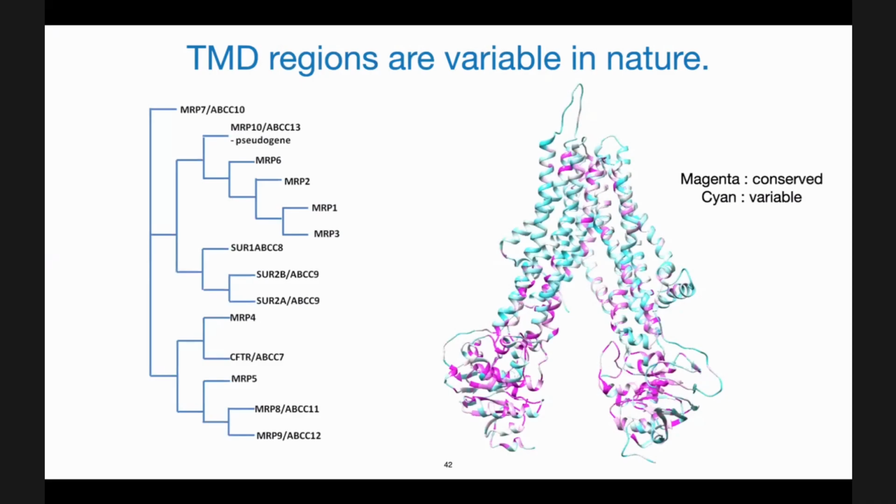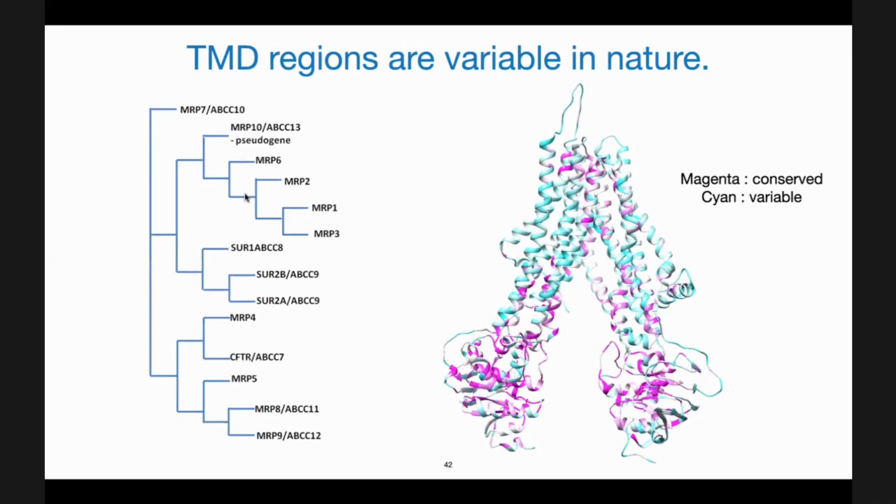And besides learning structure, function, and the genetic variants, we are also trying to learn the evolution of this MRP4. And you can see that here the conserved residues are more magenta, like here, which are in the pore regions and the NBD regions, but most of the residues in the TMD regions are variable in nature, which are cyan in color.